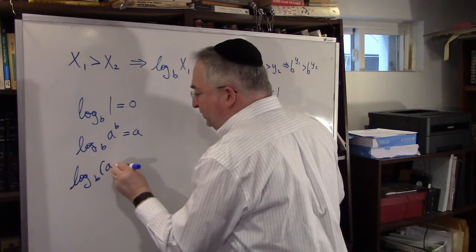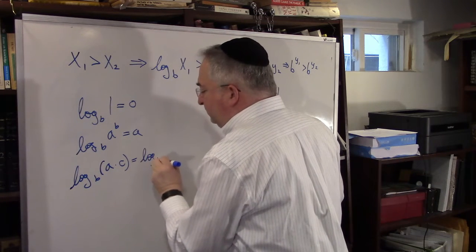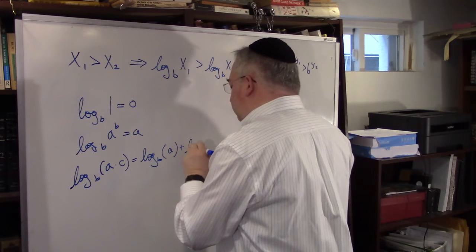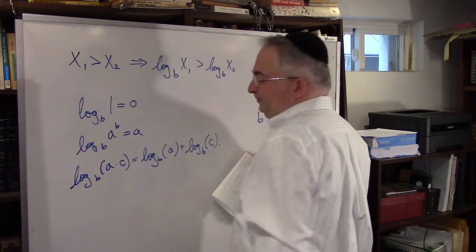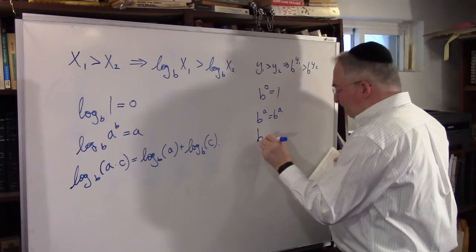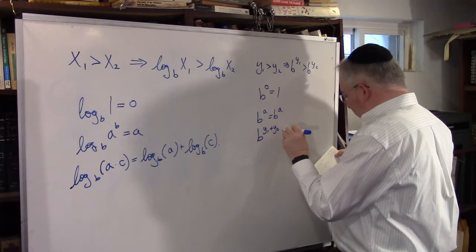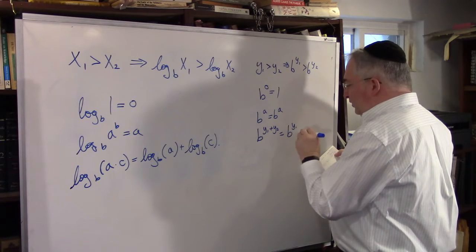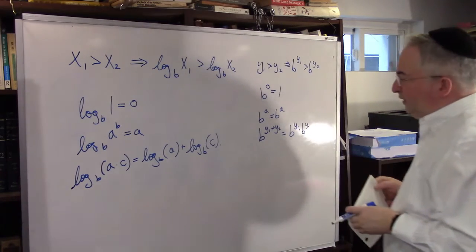Okay, now for an important property which shows up very often, log base b of a times c is equal to log base b of a plus log base b of c. Okay, and this corresponds to b to the y1 plus y2 equals b to the y1 times b to the y2.